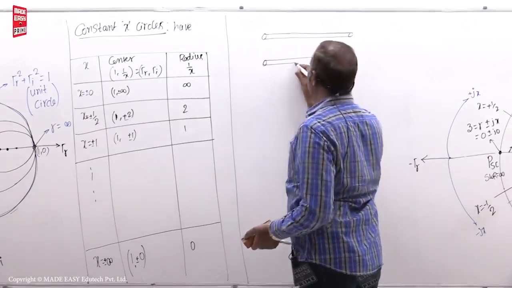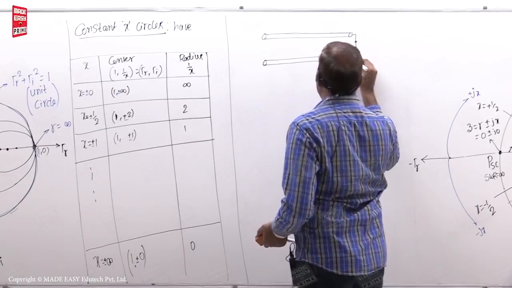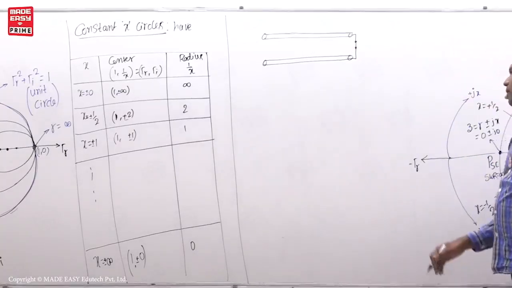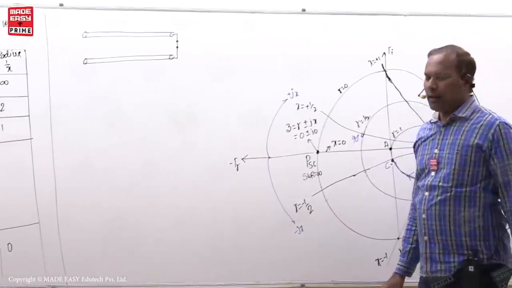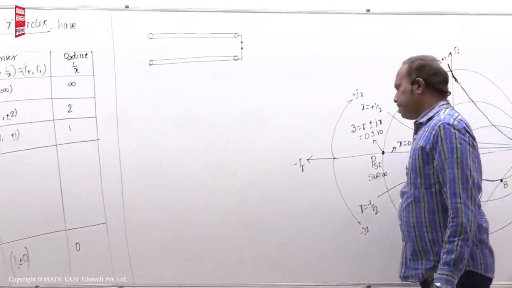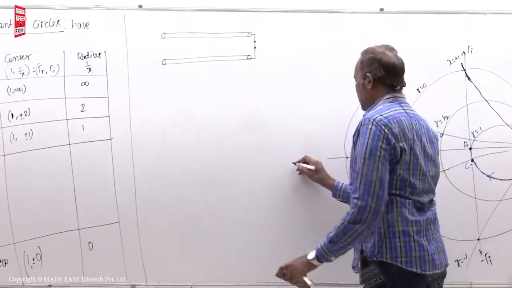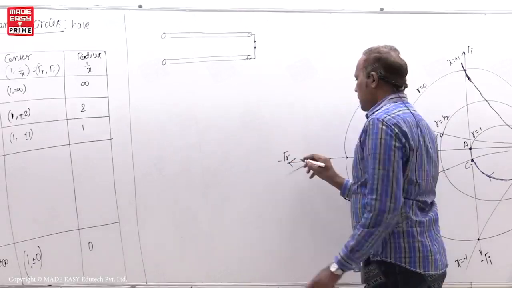Now I am asking questions, you have to answer, students, because if you answer then only you can understand. Whatever questions I am asking, you know the answers also. That is why you have to listen to the question and answer. Minus gamma r.